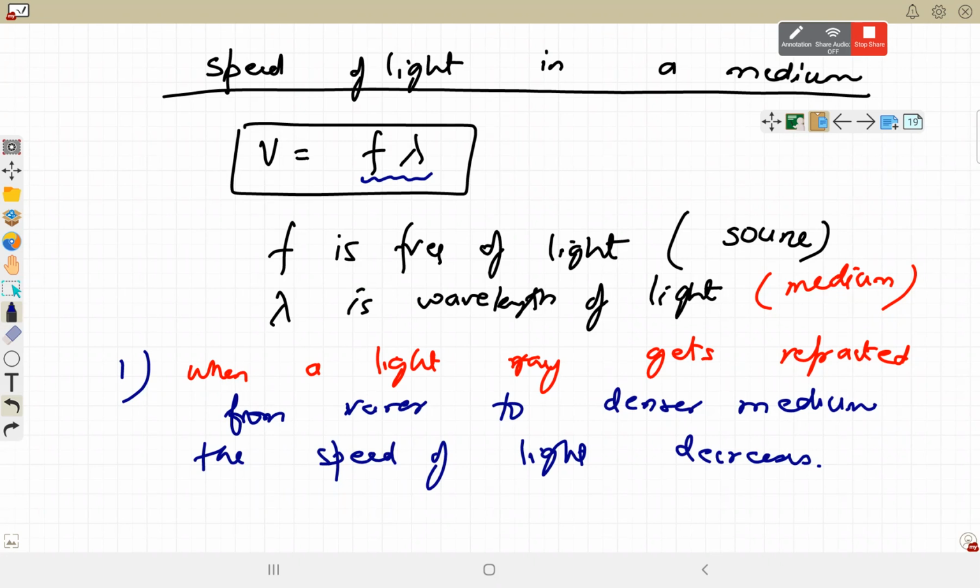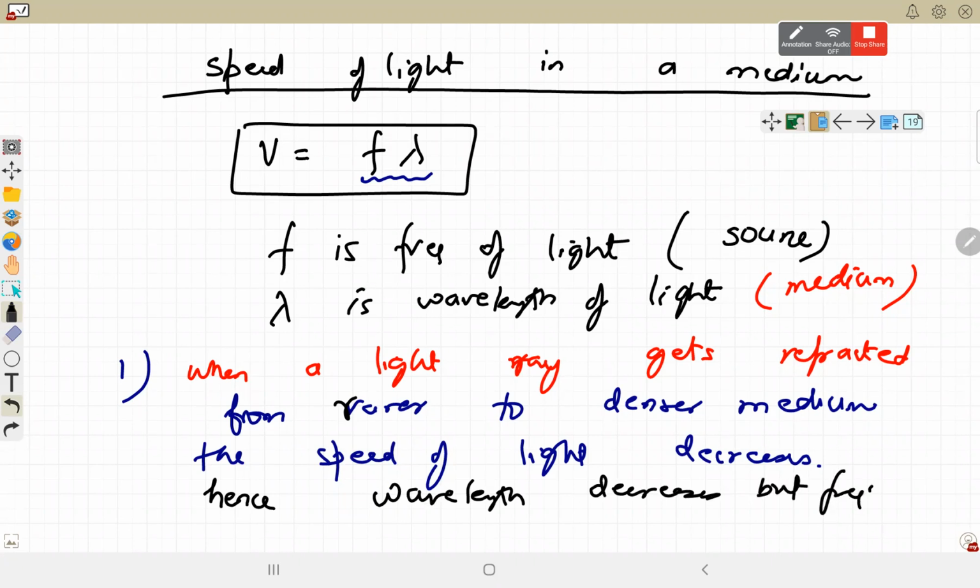Very nice. Speed of light decreases in a denser medium because a denser medium has very close packing, so the maximum electric field which is oscillating gets absorbed and it does not have the freedom to go. This is because of electromagnetic property. So when a light ray refracts from rarer to denser medium, speed of light decreases, hence wavelength decreases by the same factor, but frequency remains the same.